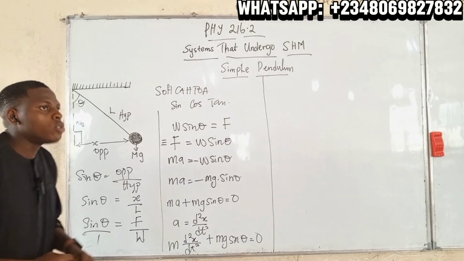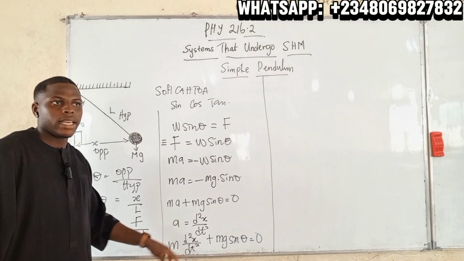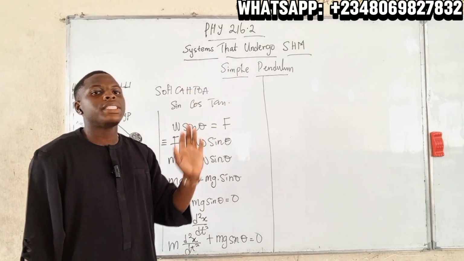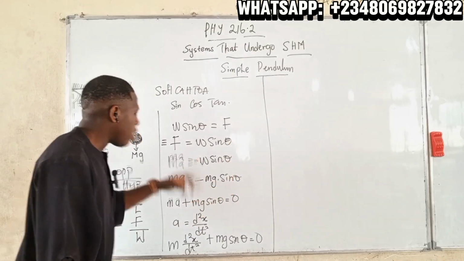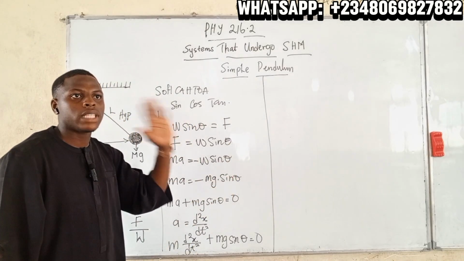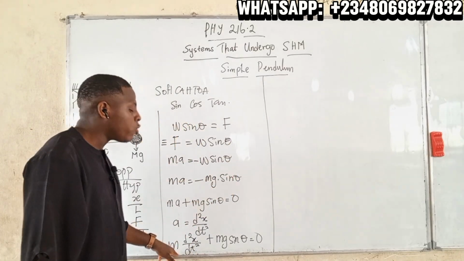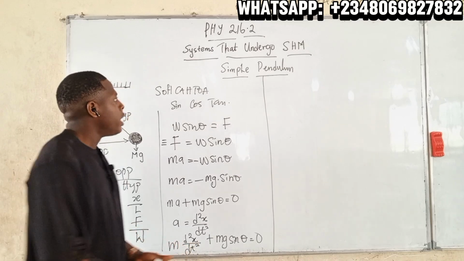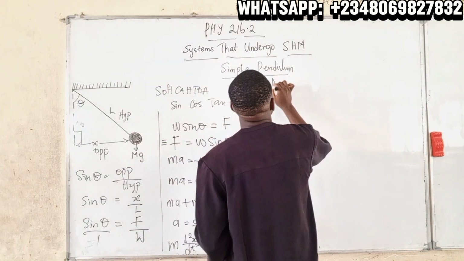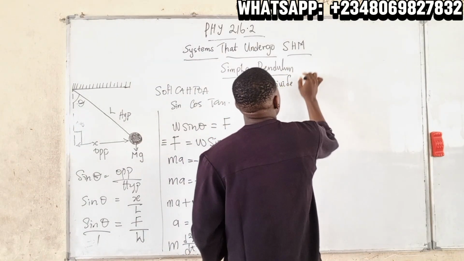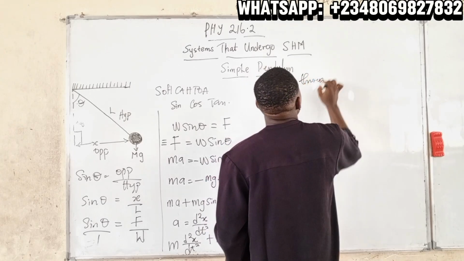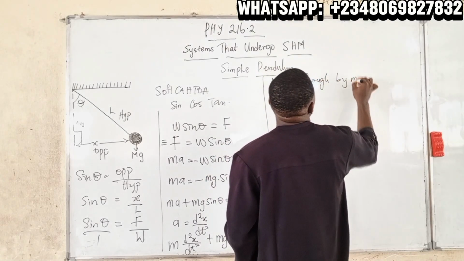Now, I told you that when we have a second differential here, we also make that second differential stand on its own. If you want your second differential to stand on its own, you divide through by the parameter m.